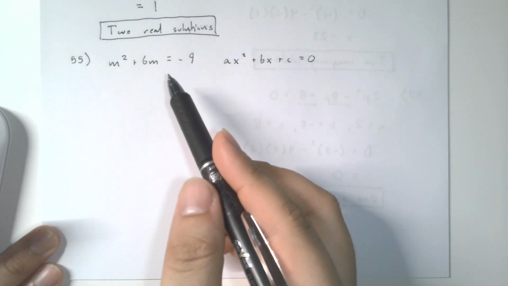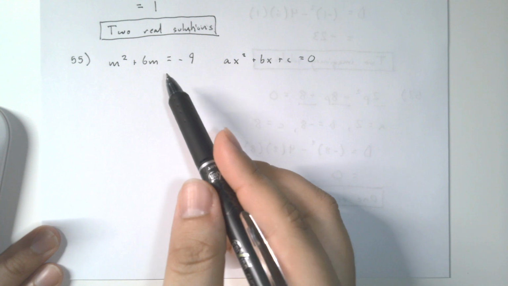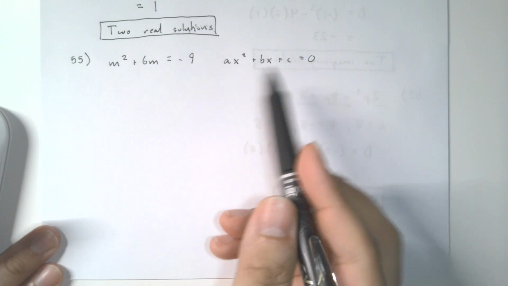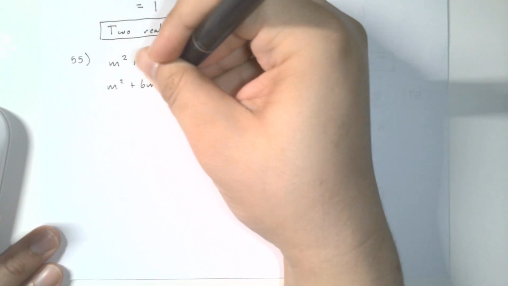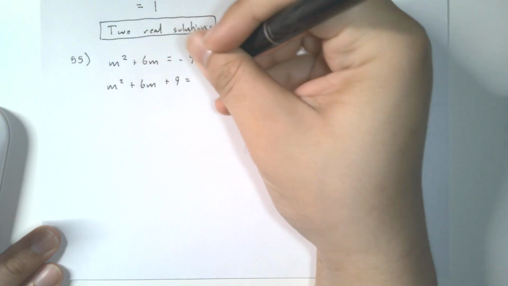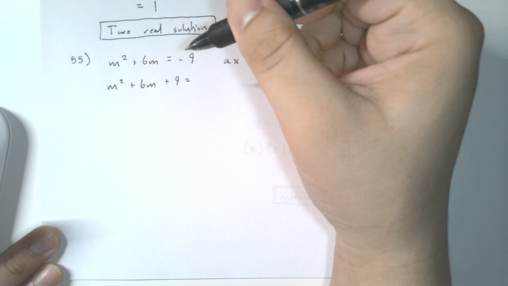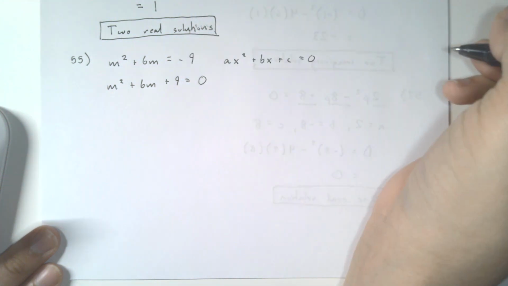And because this is not equal to 0, we can't analyze the discriminant, not yet. First, we have to make it equal to 0. And the easiest thing we can do here is just add 9 to both sides. And if we do that, we have m squared plus 6m plus 9, and then adding 9 on the right-hand side will cancel out, and we have this equal to 0 now.